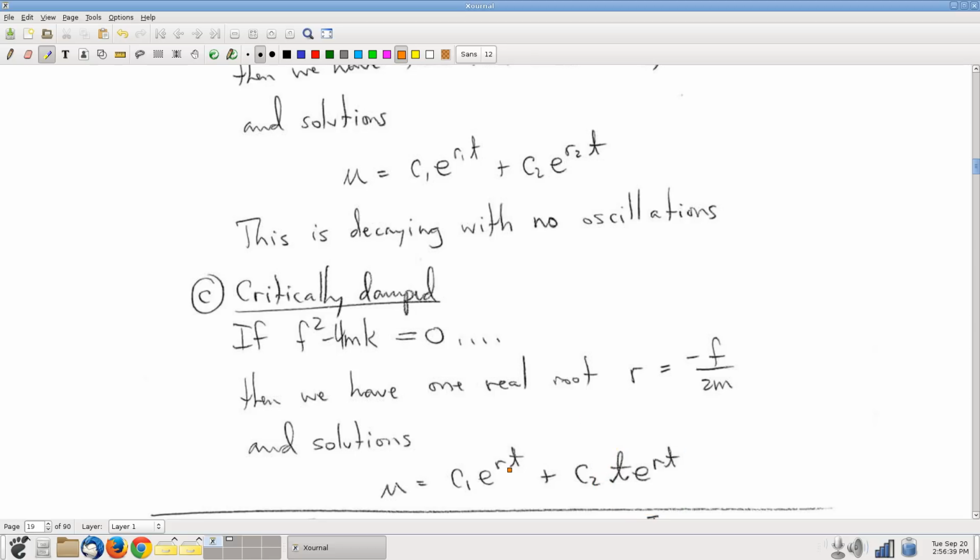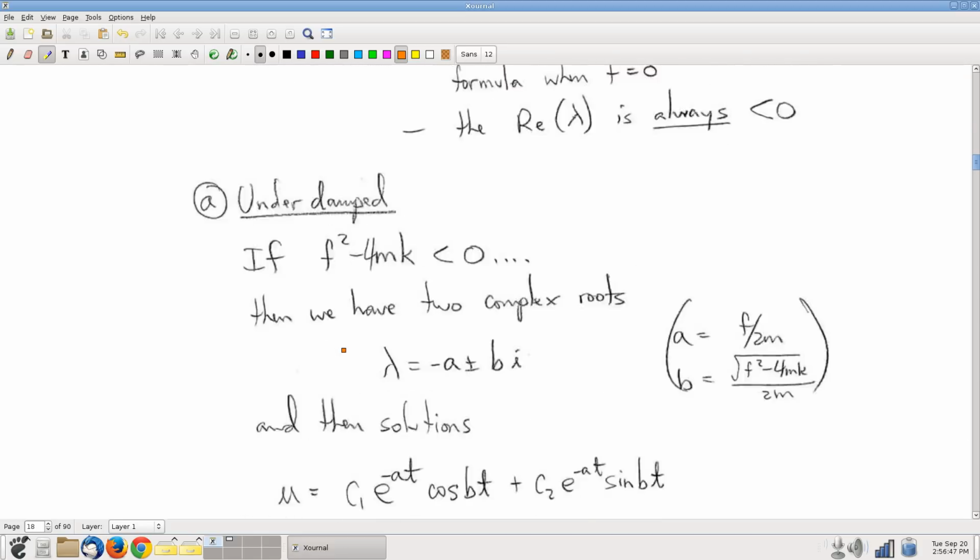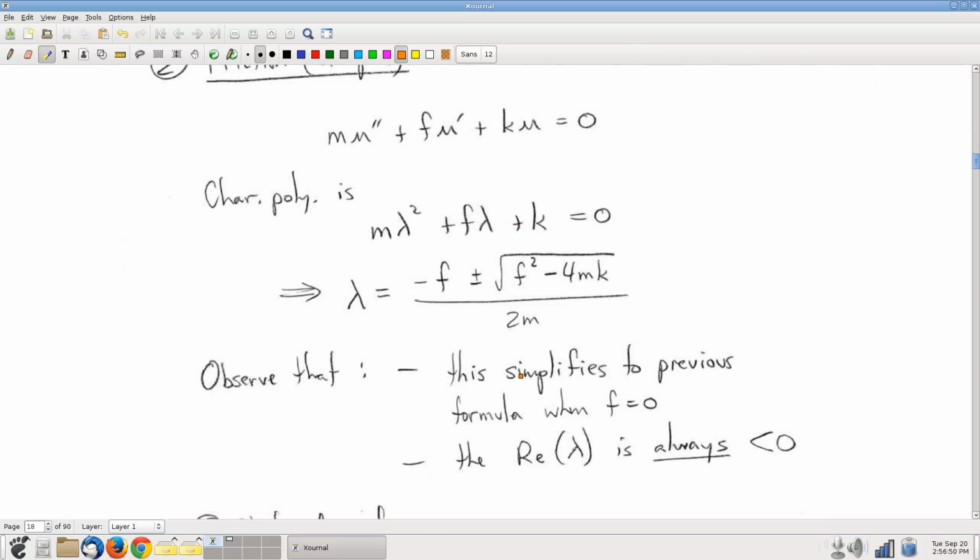Okay. So let's talk about the terminology. Why do we call this critically damped, and why do we call this one overdamped, etc.? So the idea is, looking at this discriminant, given a mass and given a spring constant, let's talk about how much damping there is. How much friction. Damping is a term for friction in this context. So there are several different cases of how much friction there might be.